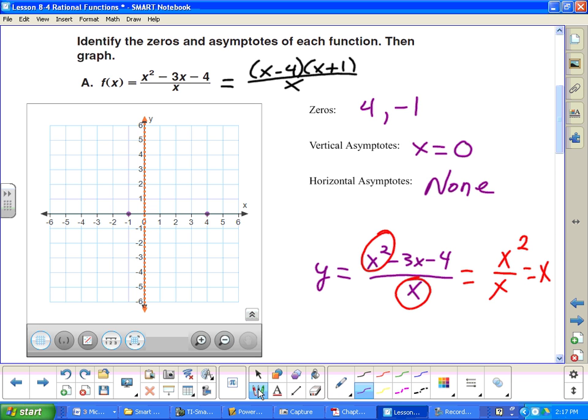So, because there's no horizontal asymptote, either this graph is going to come from somewhere here and go down this way, or it's going to come from down here and go up that way. It's going to get closer and closer to the y-axis, but not actually touch it. How do I know which way it goes? Because it's got to go through that 0. How do I know which way it goes? Do we know? Is there a way to figure it out?